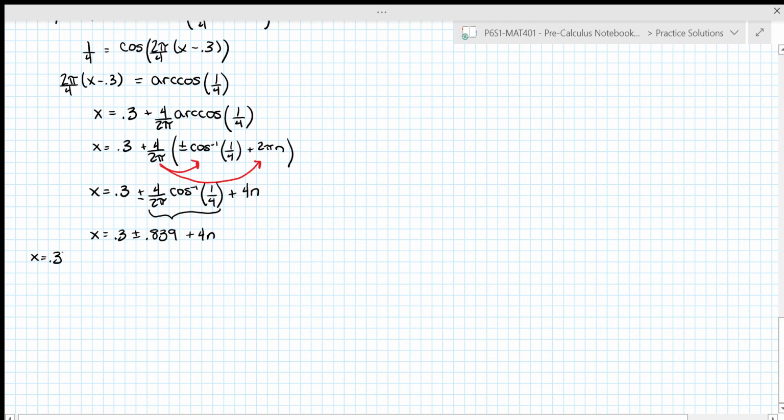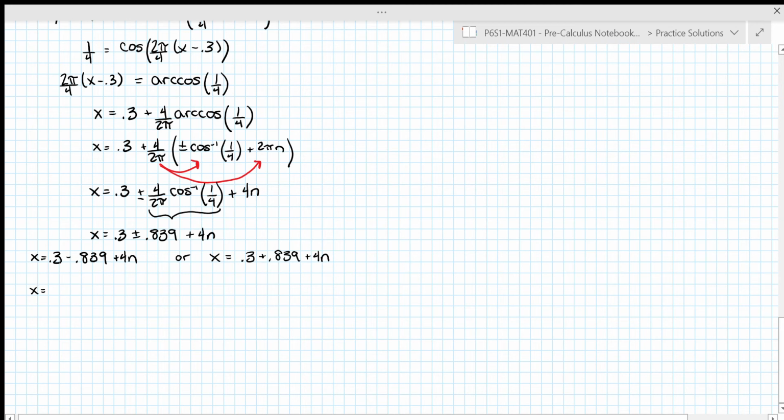X is 0.3 minus 0.839 plus 4n. Again, I usually do the minus ones first just because when I go left to right, that comes before the positive one. Or x is 0.3 plus 0.839, and every 4 after that.